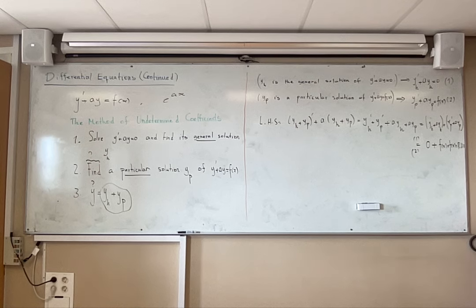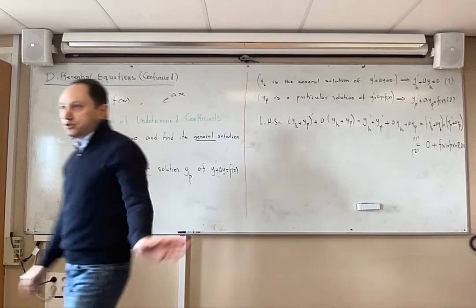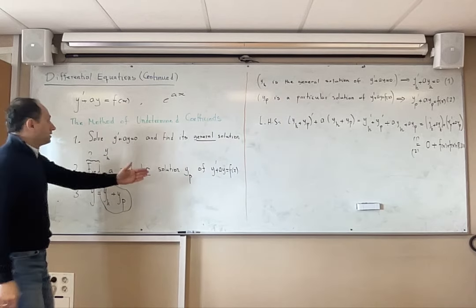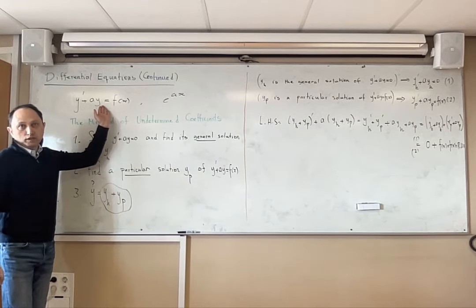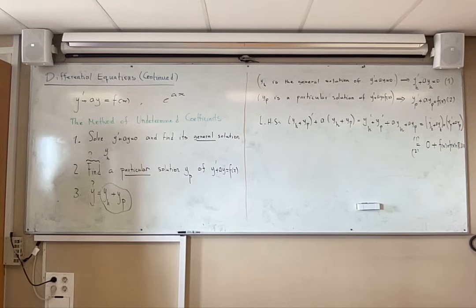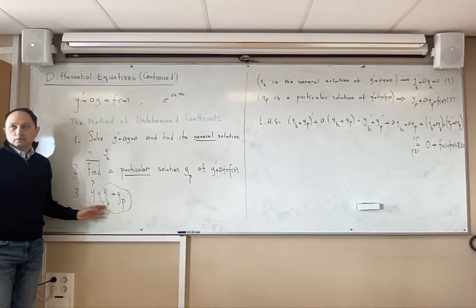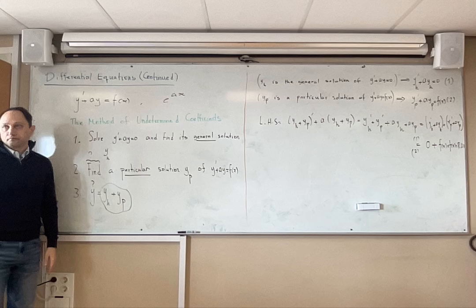Yes? But why is it the general solution? This doesn't show it is the general solution. It shows that it works with this differential equation. But how can you argue that there is one single free parameter in that combination?